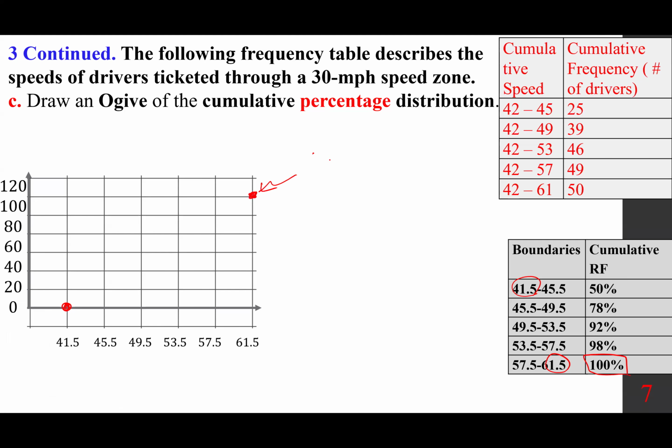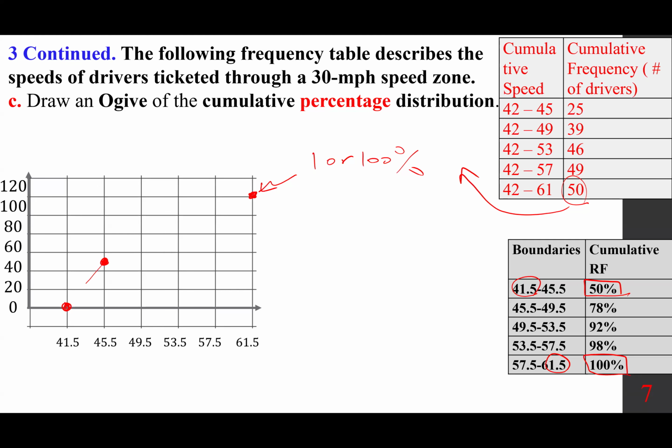So this should be either 1 or 100%. And if it's just the frequency, then it would be 50. Then the next one, this is 50%. So the upper boundary of the first class corresponds to 50%.